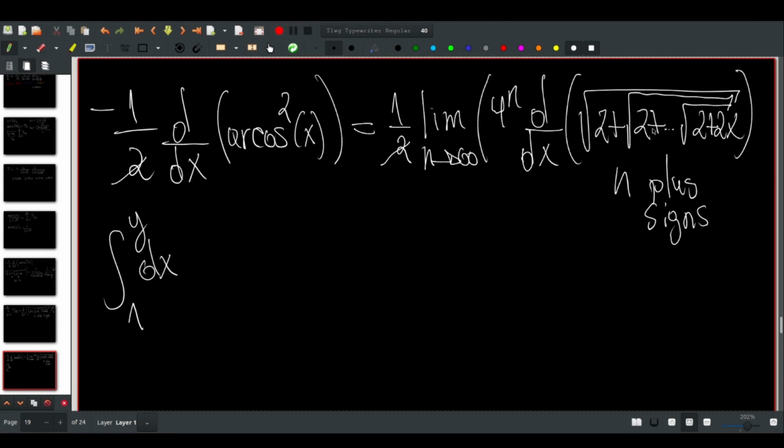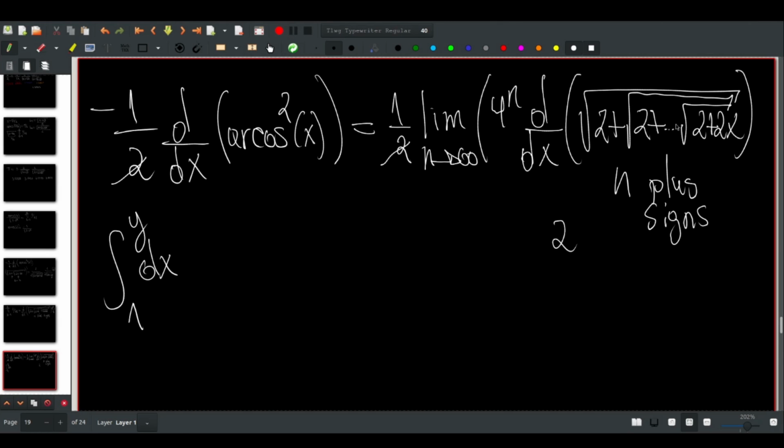So this whole sequence is fixed. It doesn't matter how many plus signs you get. This whole structure is fixed at 2 for x equals 1. So that's why it's good to evaluate it at x equals 1, because it doesn't matter how many n's there are, we get the same value.